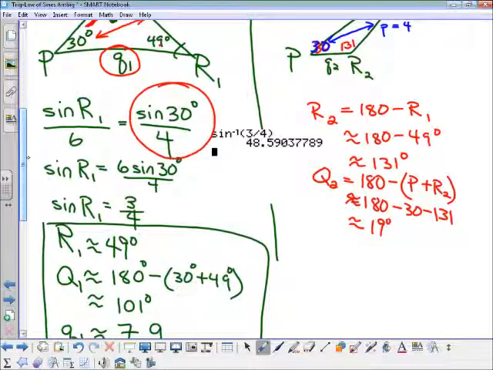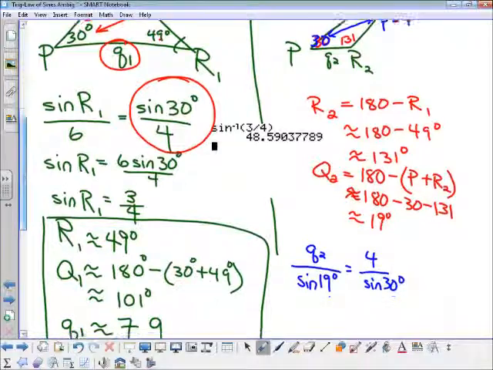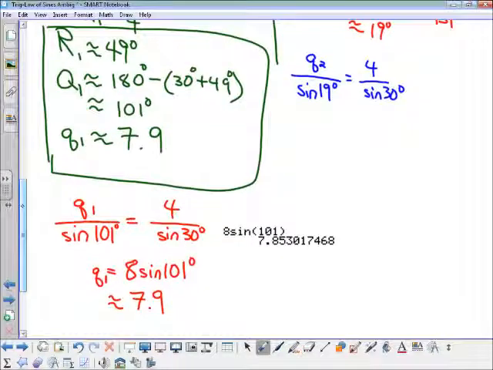So I'm solving for a side, so I put that on top. Sine of 19 degrees has to equal 4 over sine of 30, which again, just like the last problem, is going to equal 8 because sine of 30 is 1/2. 4 divided by 1/2 is 4 times its reciprocal. So that's 8 sine of 19.